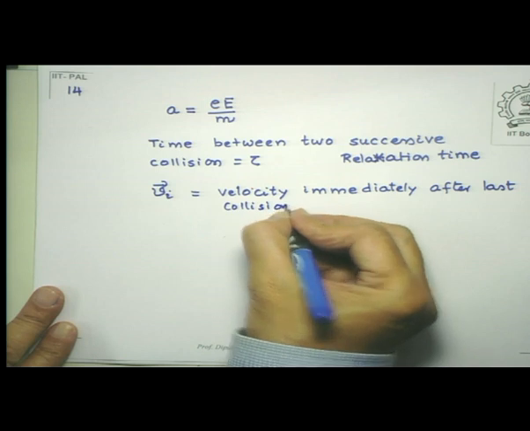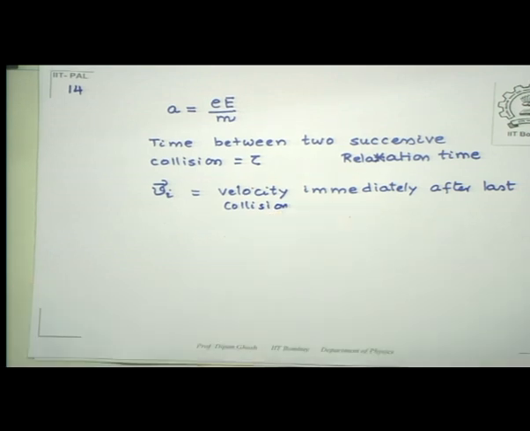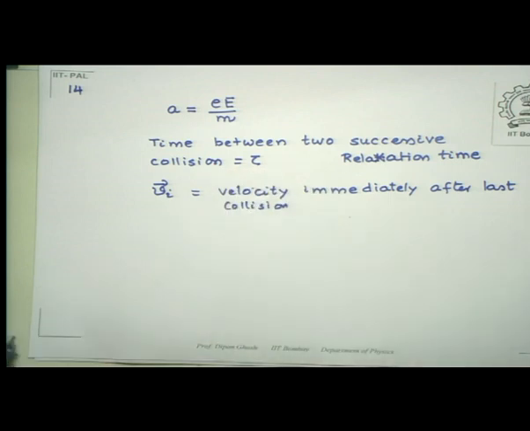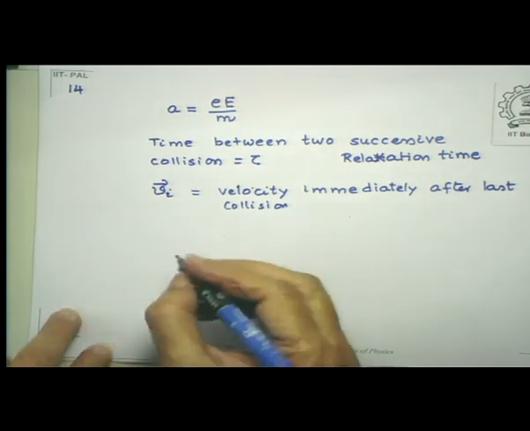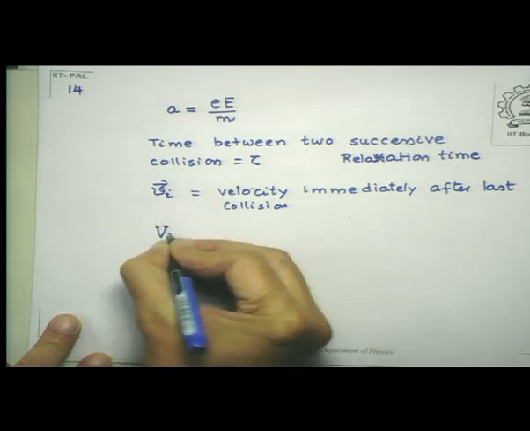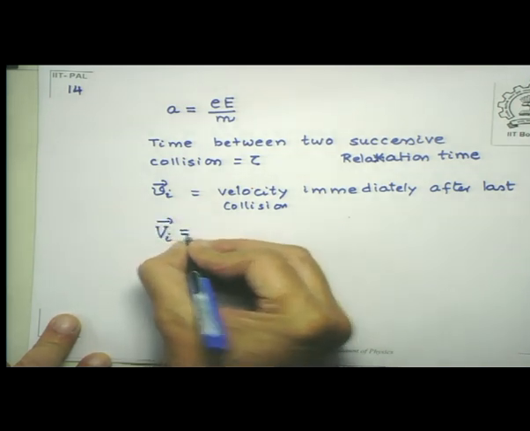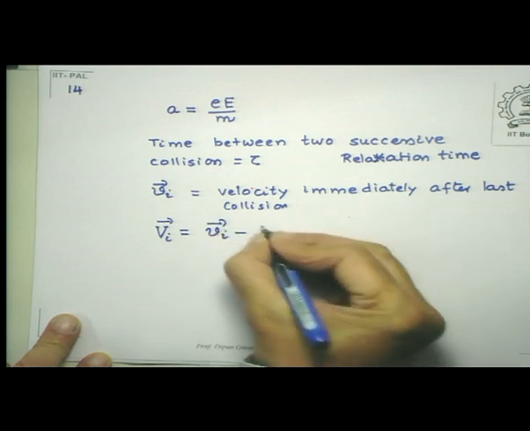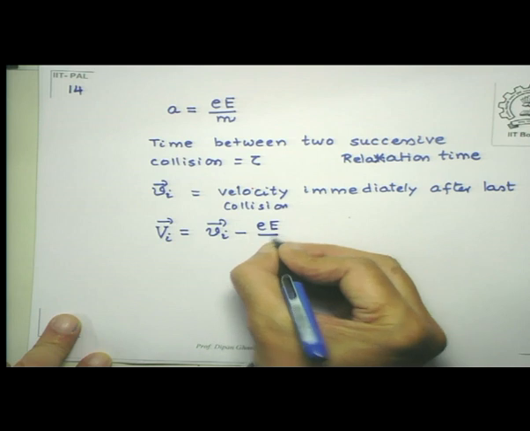Then in time t, which is less than tau, because in time tau on average there would be another collision, but before the next collision occurs, the velocity, let us call it capital V, is given by the usual formula Vi minus E over m into t.